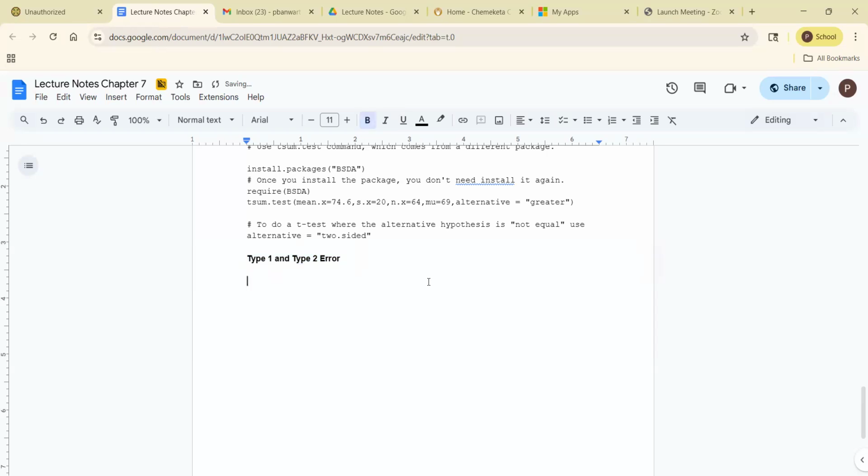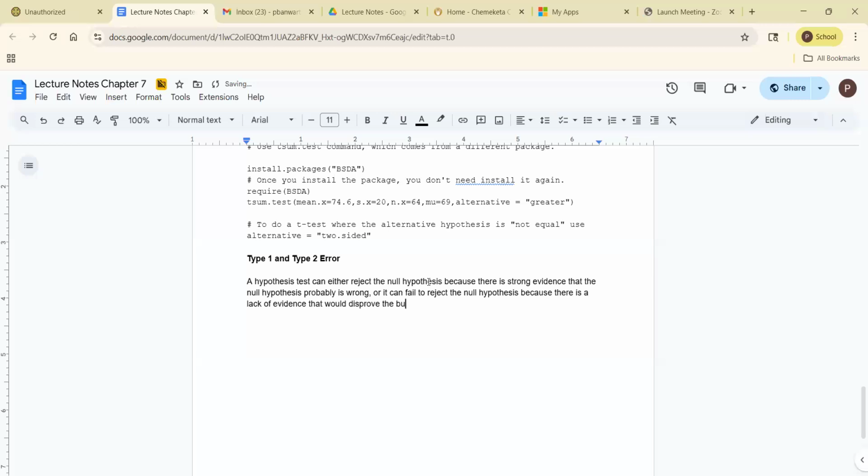Okay, so the basic idea is a hypothesis test can either reject the null hypothesis because there is strong evidence that the null hypothesis probably is wrong, or it can fail to reject the null hypothesis because there is a lack of evidence that would disprove the null hypothesis.